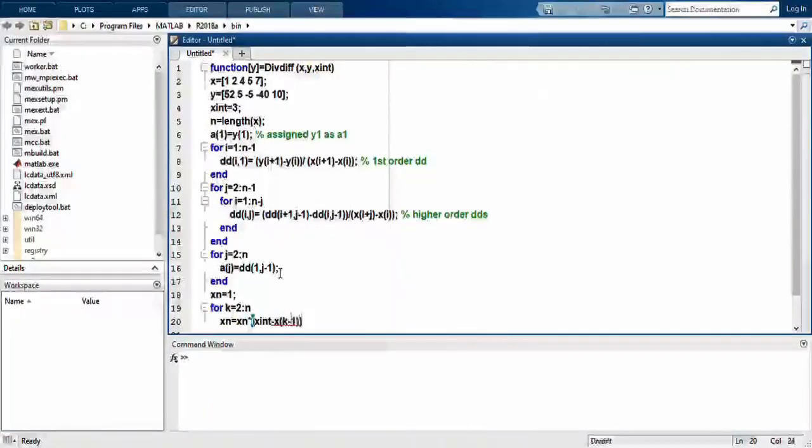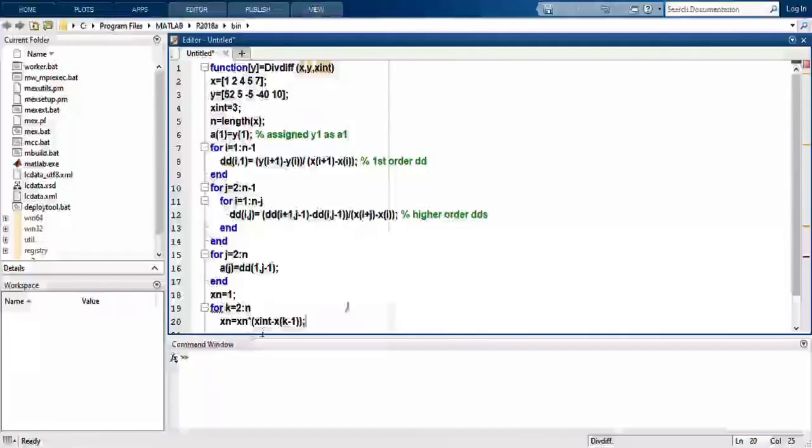So that step makes the term of x minus, if it is an, multiply by x minus x naught into x minus x1 into x minus x2, one term less up to x minus xn minus 1. So last term will be x int, that means x int minus xn minus 1. So with all the multiplying previous terms, it gets all updated and modified.